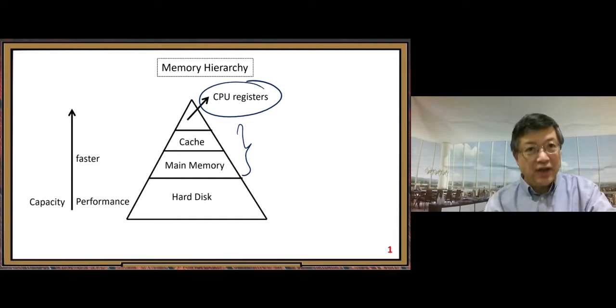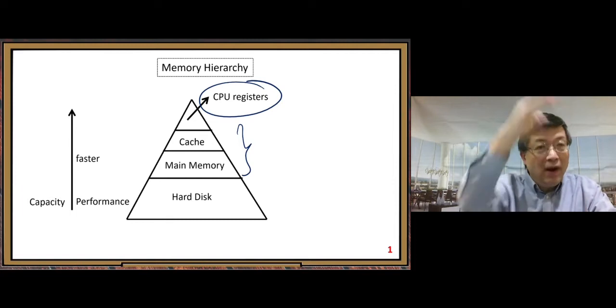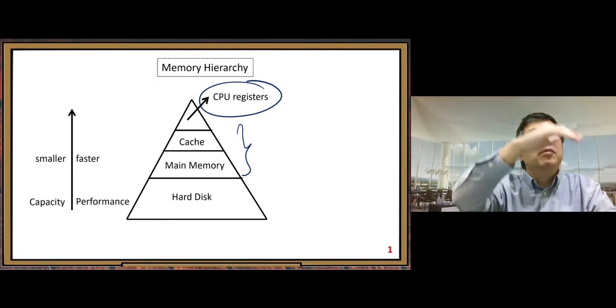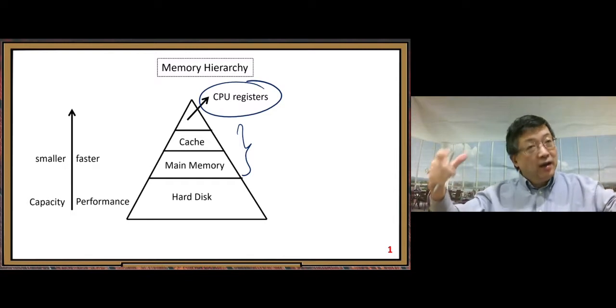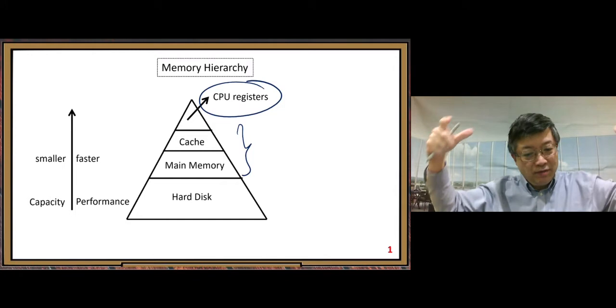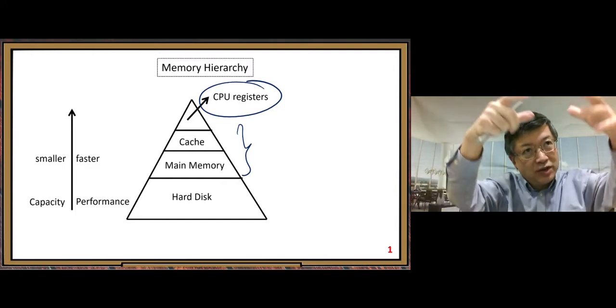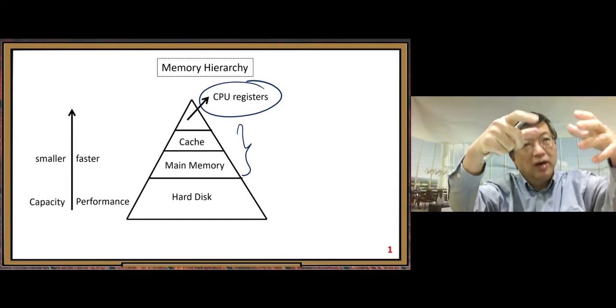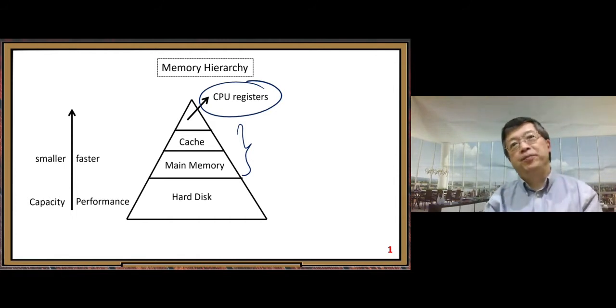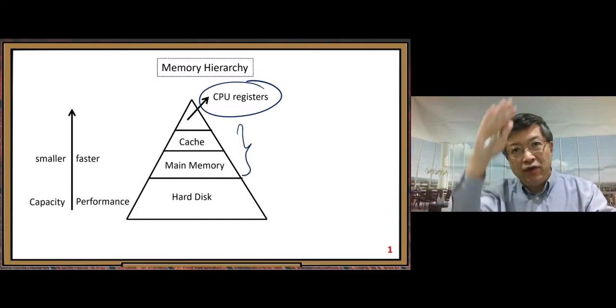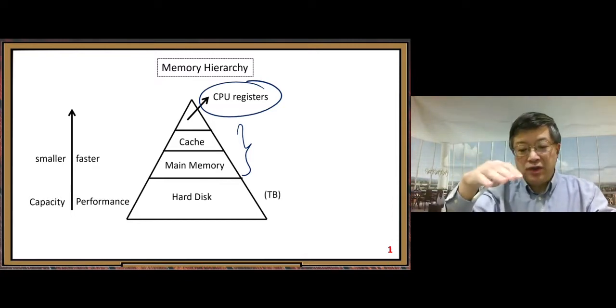Second, capacity. If we look at the capacity from bottom up, it gets smaller. Hard disk has the largest size, main memory is smaller, cache is even smaller, and CPU registers are very small. Here I can give you the units used for these 4 different levels.